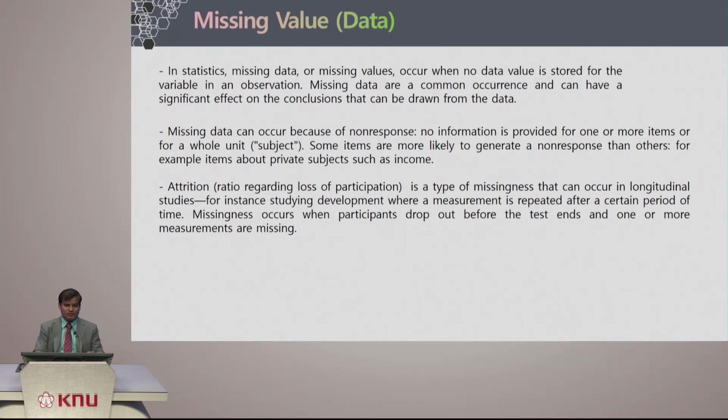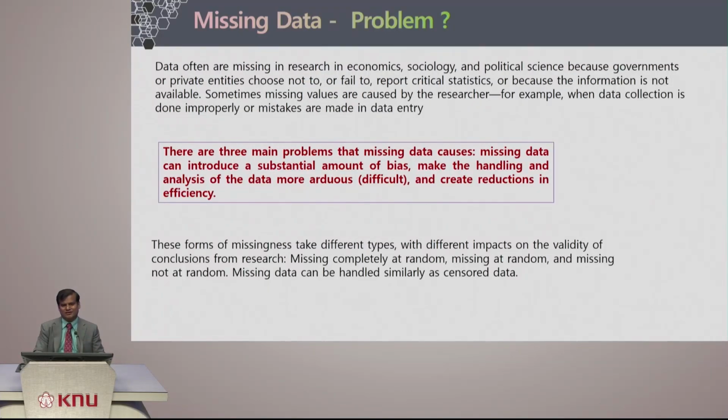Missingness or missing data also occurs when participants drop out before the actual survey is taken. That's one of the reasons, but there are several others, and we will see them one by one. Our data might also be missed while we collect it. Maybe you have a census from which you are collecting data, and if the equipment is faulty, it might not collect the data.